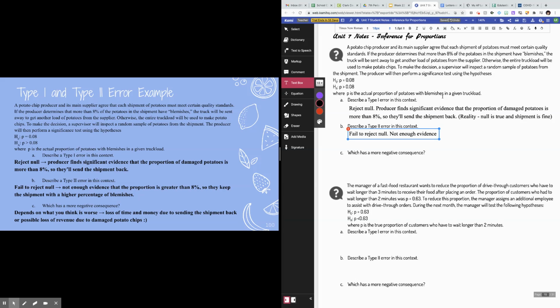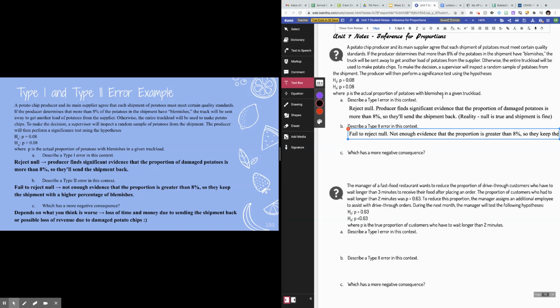So there's not enough evidence that the proportion of blemishes is greater than 8%. So the decision that you make based on that is, okay, if it's not greater than 8%, we're going to keep those potatoes.